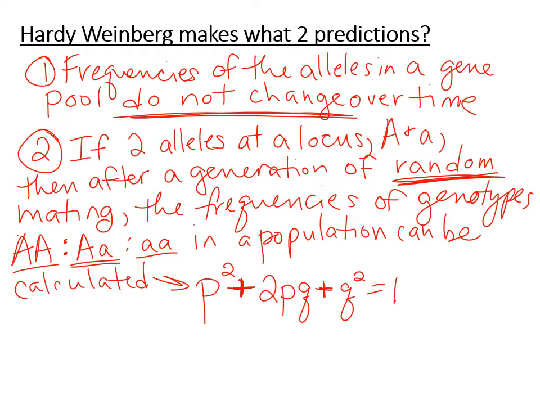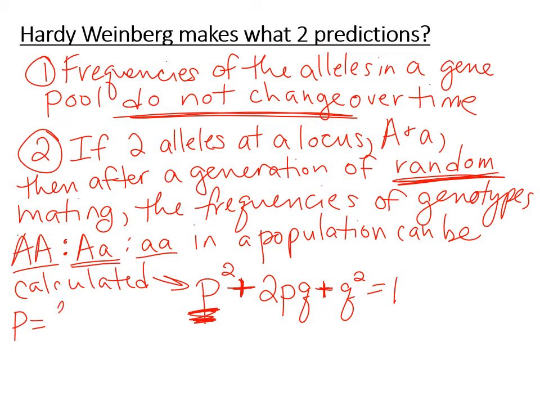And there are a few things that you have to understand when you look at this equation, okay? The first thing you have to realize is that when you see the letter P in this equation, that letter P is representing the frequency of the dominant allele.